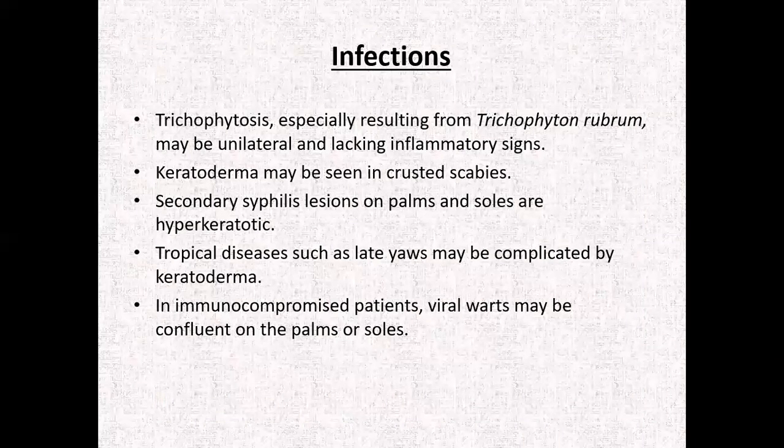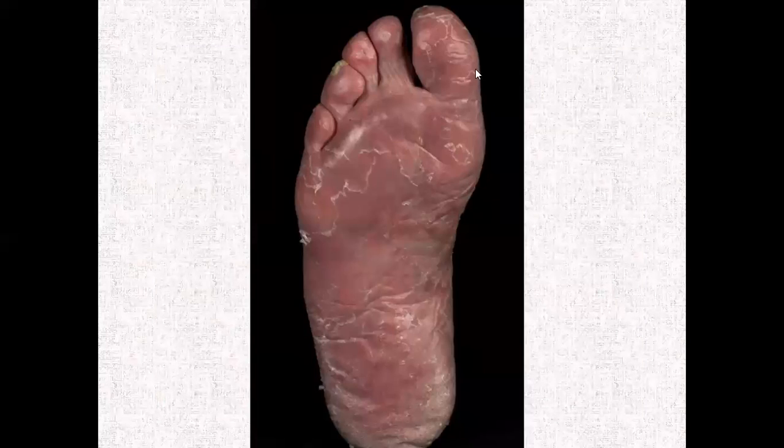Acquired palmar and plantar keratodermas are seen in fungal infections, mainly due to Trichophyton rubrum, but this is characteristically unilateral and lacks inflammatory signs. Here is a unilateral involvement by Trichophyton rubrum with hyperkeratosis, also called hyperkeratotic tinea pedis.